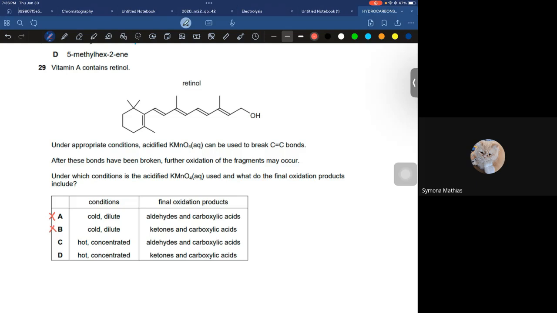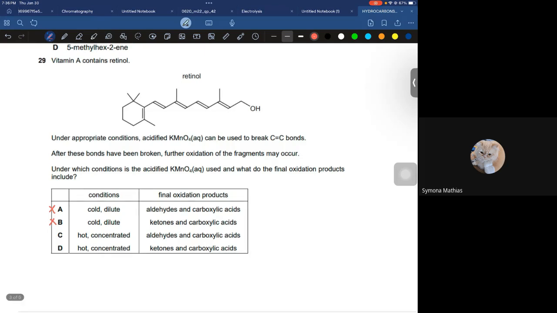Option C has hot concentrated, and they are saying the final oxidation products include aldehydes and carboxylic acid. Let me tell you the best answer. If I break this down, you can see that carboxylic acid would be produced.